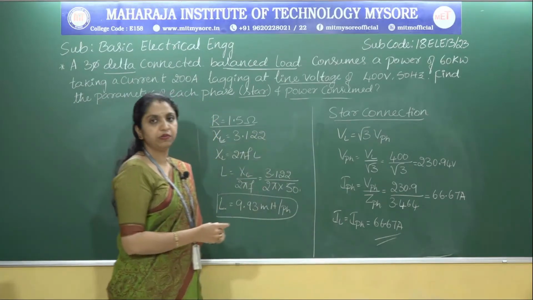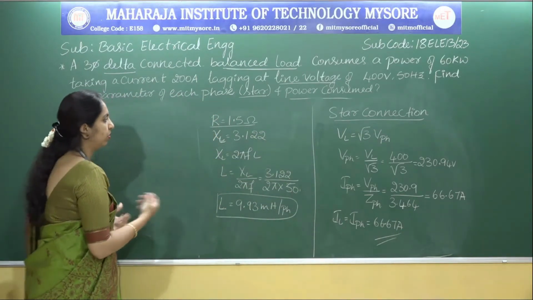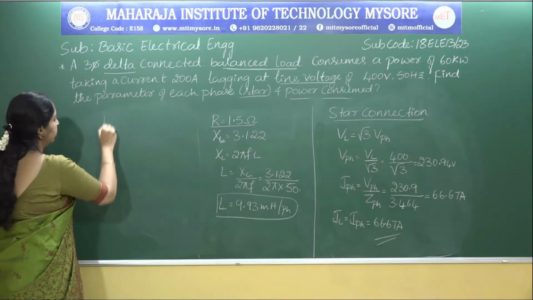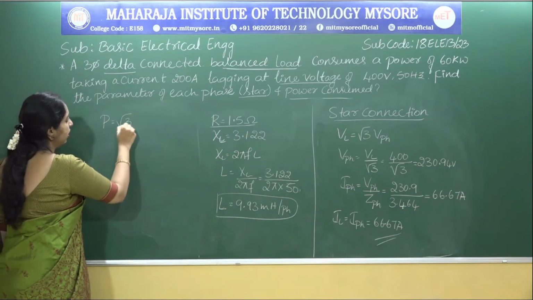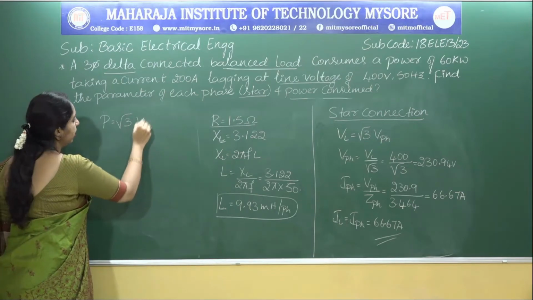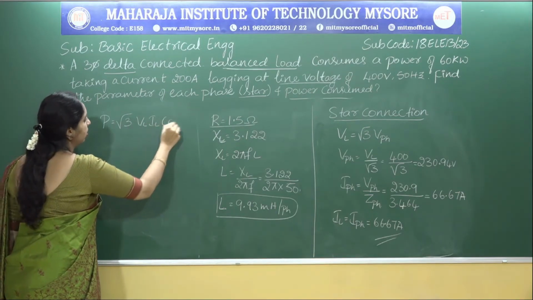And later, we need to find out the power consumed. So P is equal to, even in star connection, root 3 VL IL cos phi.